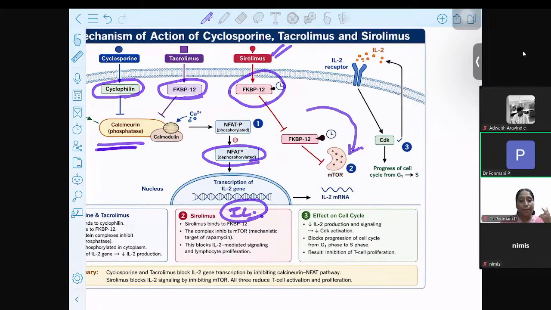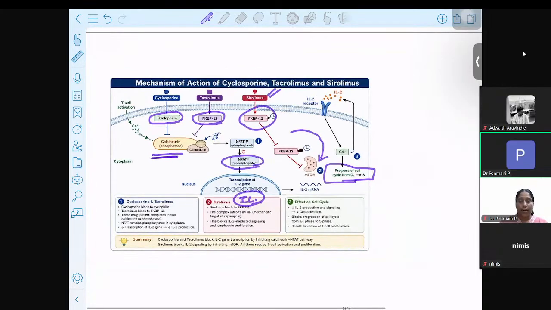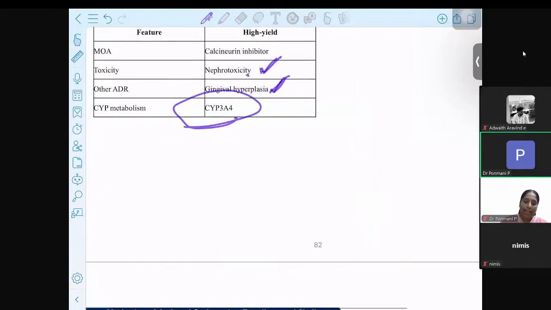And what is this mTOR inhibition going to do? It prevents the progression of the cell cycle from G1 phase to S phase. And hence the cytokine production, especially interleukin-2 production, is reduced. So this is the major mechanism behind cyclosporin. Remember, cyclosporin can cause nephrotoxicity.